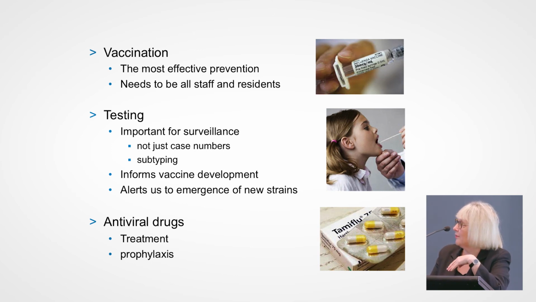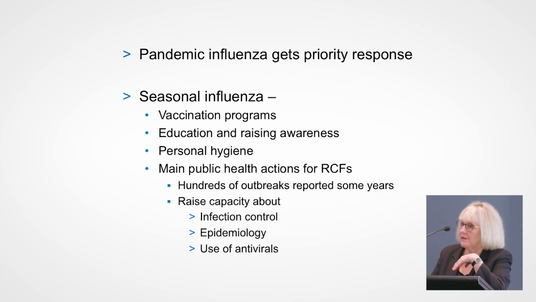And the third public health measure, of course, is antiviral drugs for treatment and prophylaxis. Pandemic influenza, of course, gets our priority response for public health management, just the way coronavirus is taking us away at the moment. But seasonal influenza is, we do have a lot of involvement in managing that.